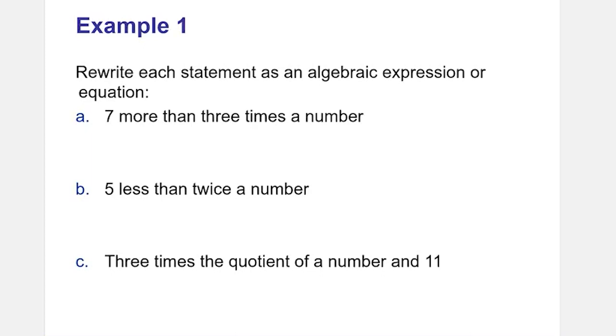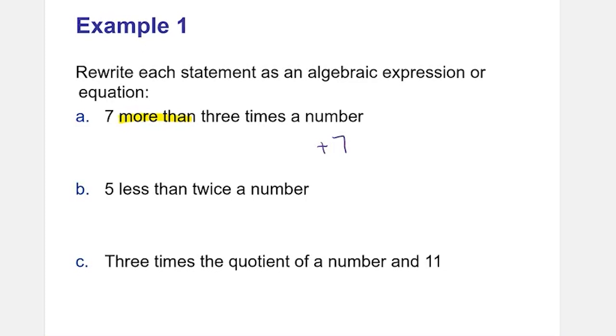Rewrite each statement as an algebraic expression or equation. I'm just going to highlight the important parts. More than means plus, right? So whatever we are going to do, we're going to add 7. And then the rest of it says 3 times a number.